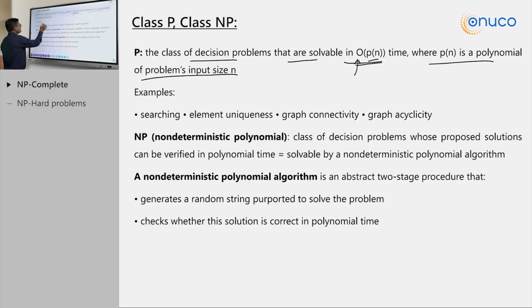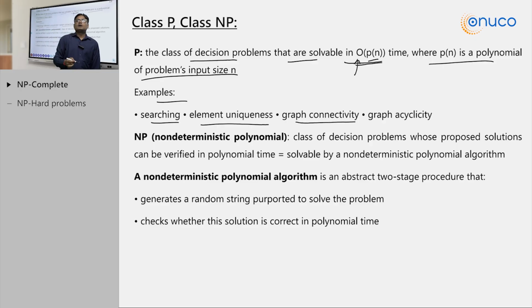If we see examples, we have the searching problem and element uniqueness, whether all the elements present in the list are unique or not, meaning duplicate elements are not there. Graph connectivity, whether each and every vertex is connected with other vertices or not, as we have seen graph connectivity using the DFS method.